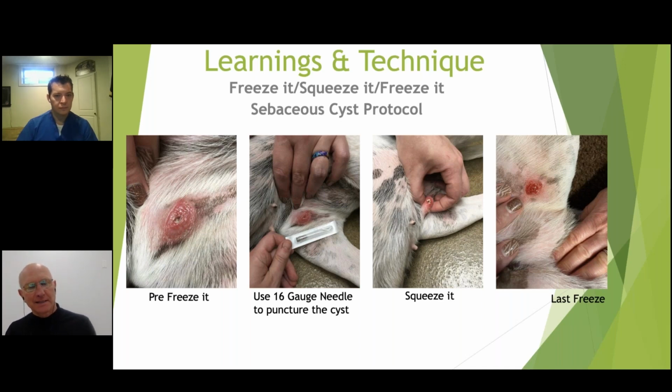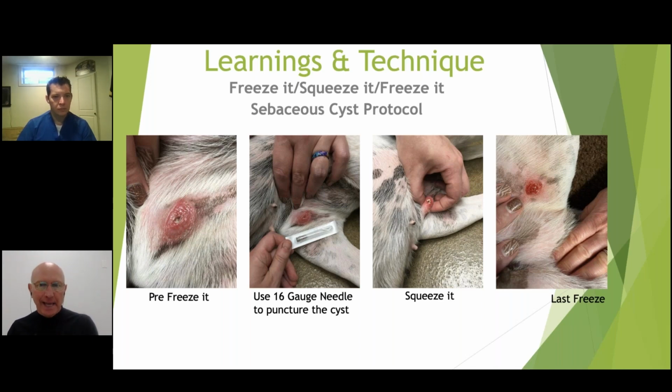What that does is it firms up the material inside, which you can then squeeze after you've used, in the second image, a 16 gauge needle to puncture it, allowing it to come out. When you remove all that mass that's inside, then you come back in, in the last photo on the right, freezing it one more time.